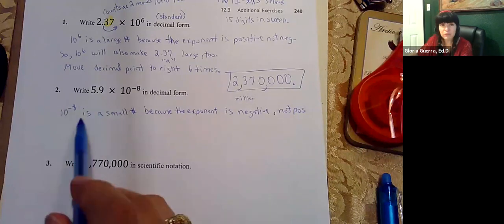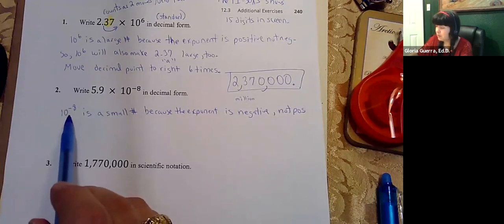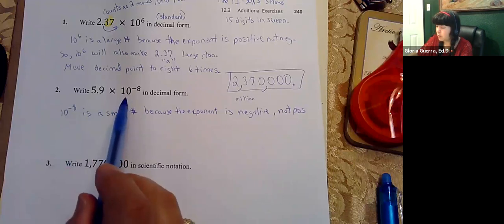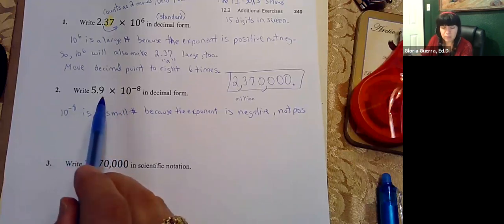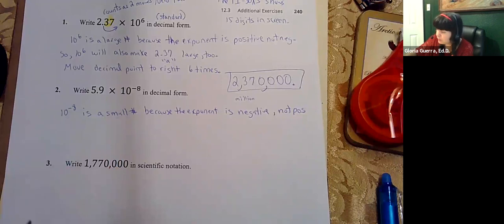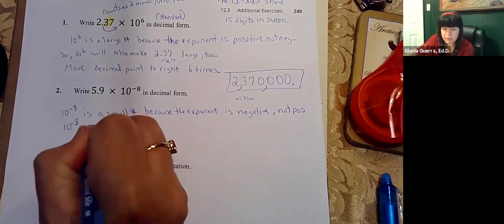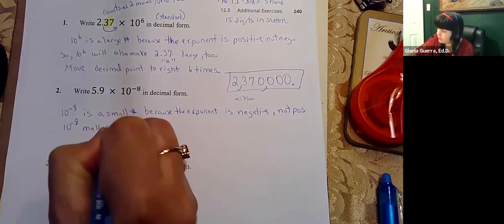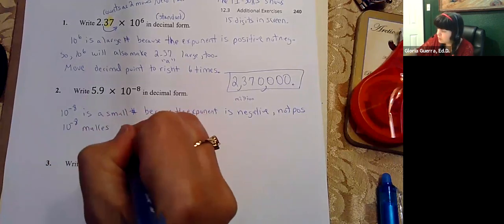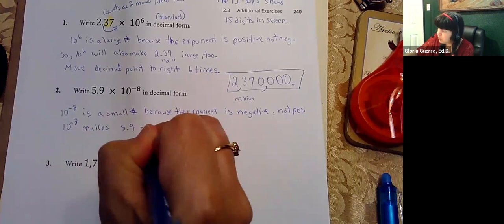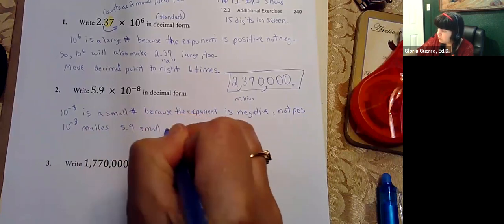And what kind of effect does it have when you take a small number and you multiply it times 5.9? So what happens is 10 to the negative 8 makes 5.9 small also.